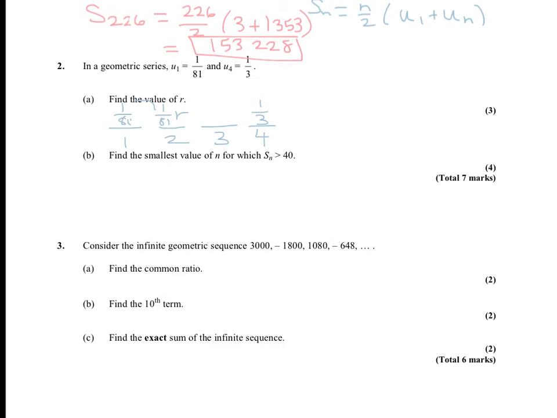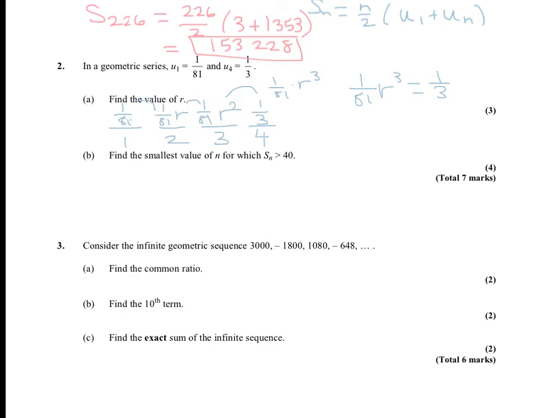And then we'd multiply by r again to get 1 over 81 times r squared. And then to get to the fourth term, it'd be 1 over 81 times r times r times r, or times r cubed. Well, we know 1 over 81 r cubed must equal that 1/3. And so we just have an equation we can solve.